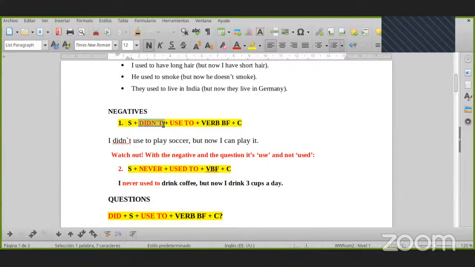So didn't, and I don't use used with D. In this verb, I'm not using D. Why without D? Because if I put used, my verb is going to be in past and my auxiliary is in past. So double past is not correct. So in negative, in the first way, I use didn't, use to without the D, and the verb in base form, plus the complement.